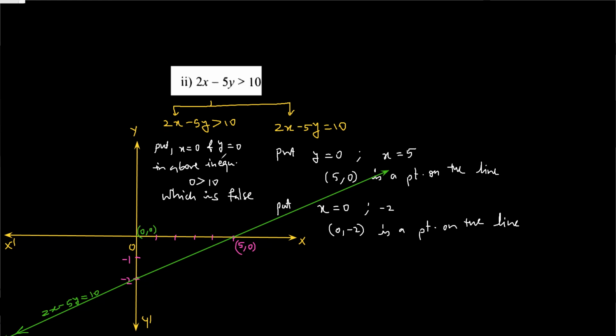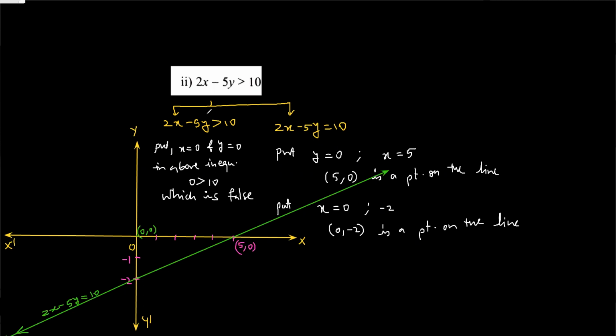If it is false, what does it mean? It means that x 0 and y 0 do not satisfy this inequation. Hence, the origin does not lie in the region being represented by this inequation. So, what is the solution set? It is the non-origin side.